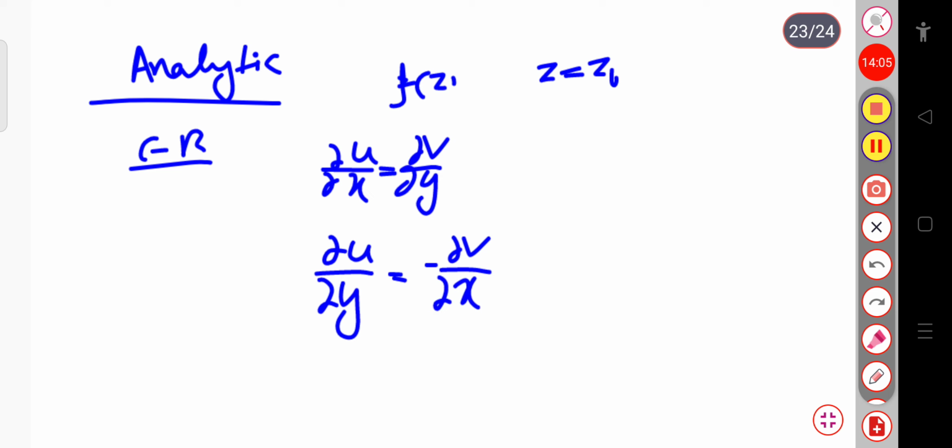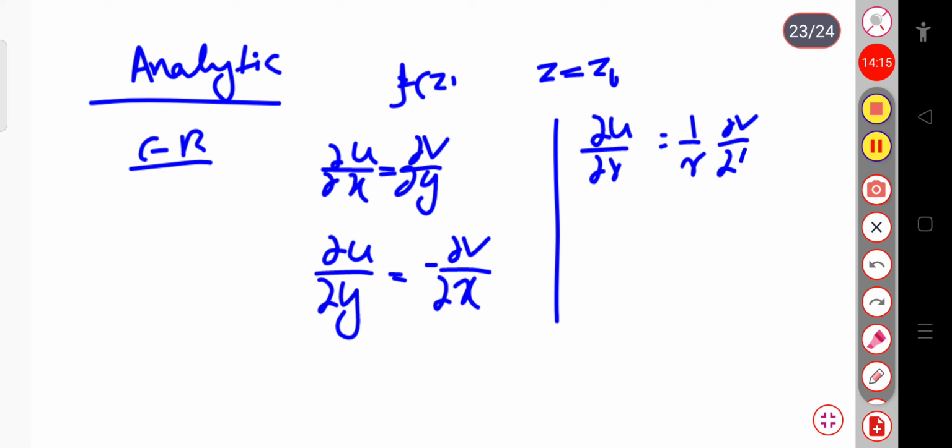Now in polar form we can write the Cauchy-Riemann condition: dou u by dou r is equal to 1 by r dou v by dou theta, and 1 by r dou u by dou theta is equal to minus dou v by dou r. So this is the Cauchy-Riemann condition in polar form.